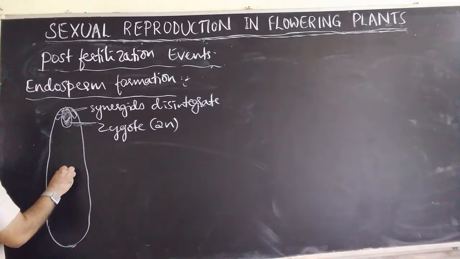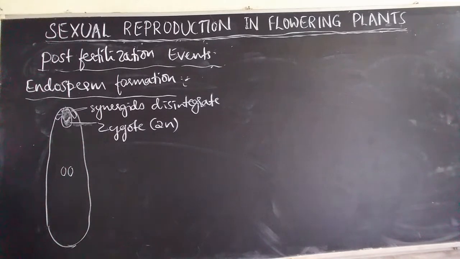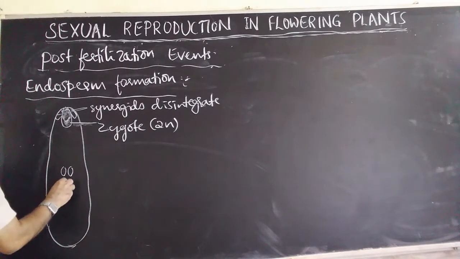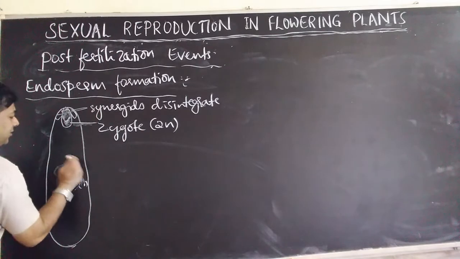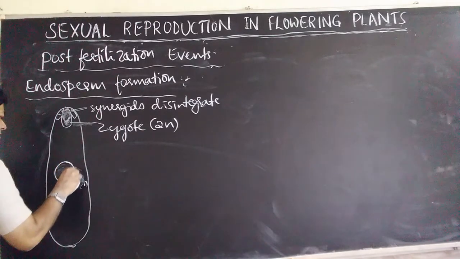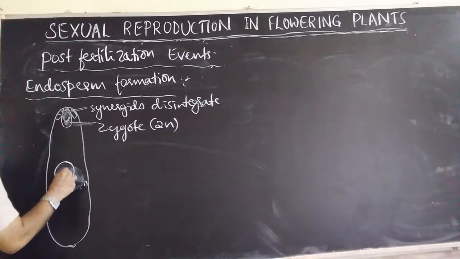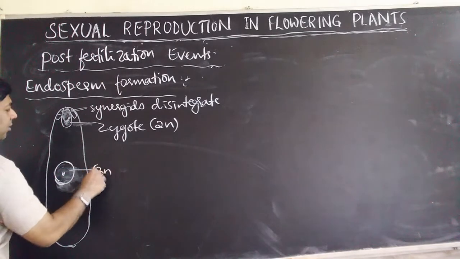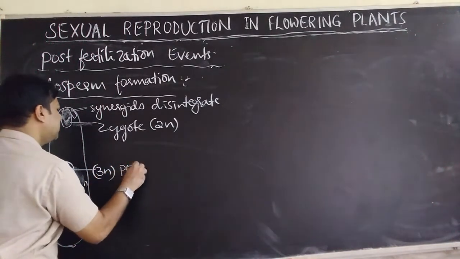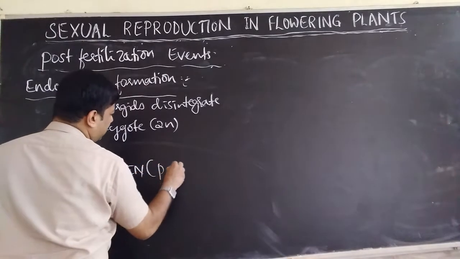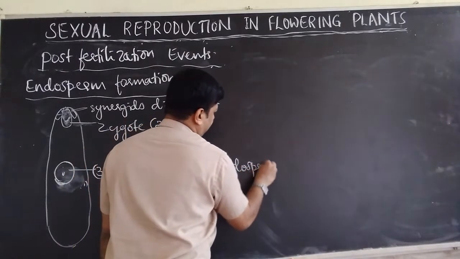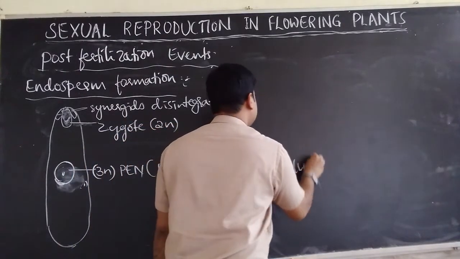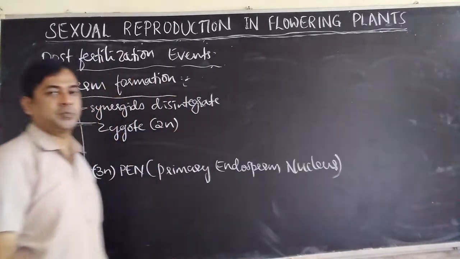Then here polar nuclei will be there. Each polar nucleus is N, and then one more nucleus comes from the pollen tube, that is also N. So N plus N plus N, and finally it produces one structure, that is PEN, primary endosperm nucleus.